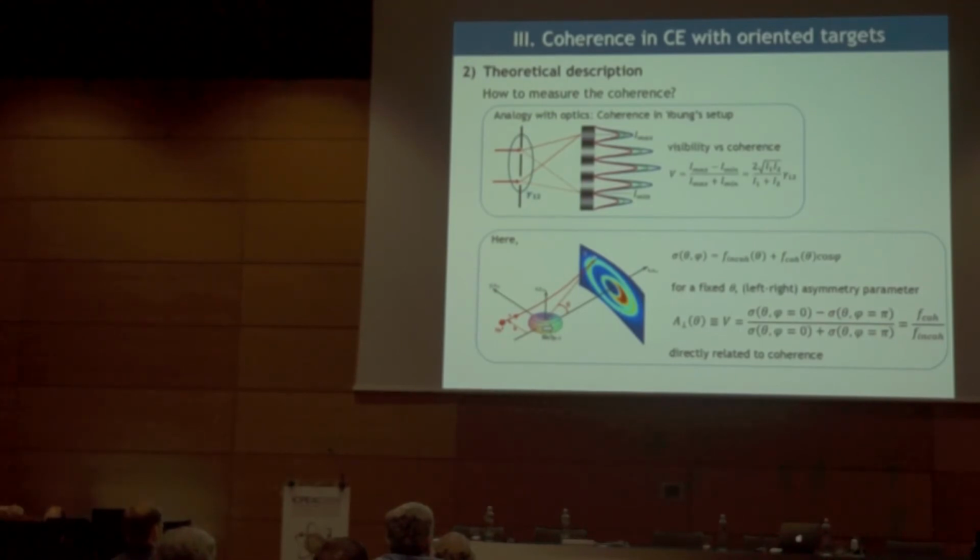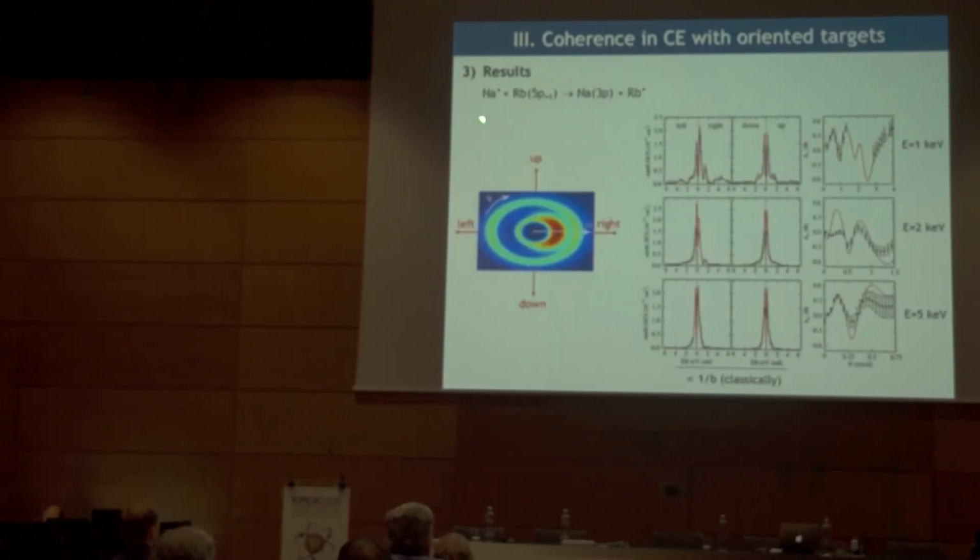And this is directly related to the coherence of the charge exchange dynamics. So the results. And first, for the main charge exchange channel from 5p plus 1 to 3p collisions.